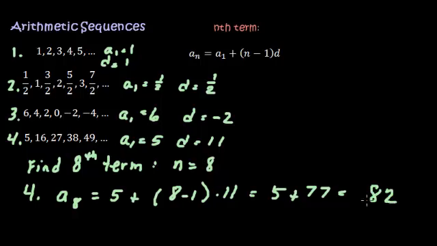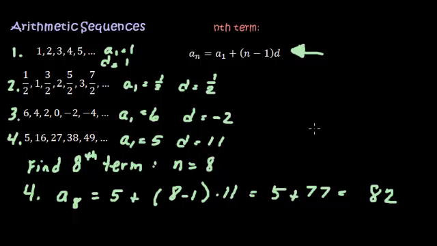Now, you could always list them out to get your 8th term, but let's say somebody asked you for the 100th term or the 105th term. You really wouldn't want to sit there and count all of those. So this is an easy formula to find the nth term. You don't have to have it if they happen to ask you to find, say, the 8th term. I could have just as easily added that up.